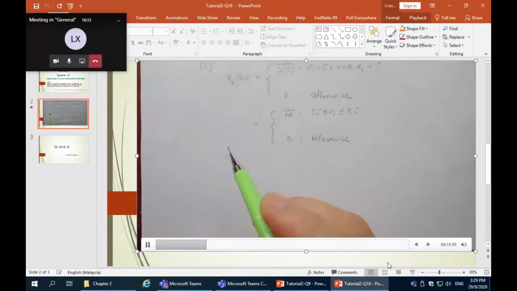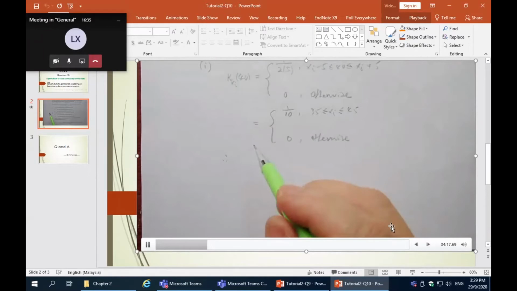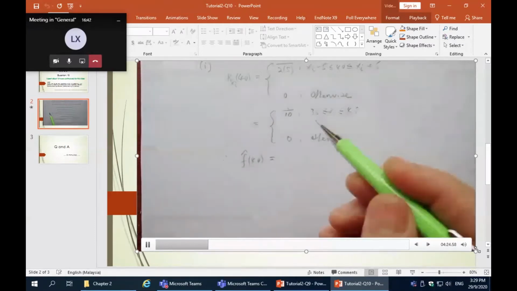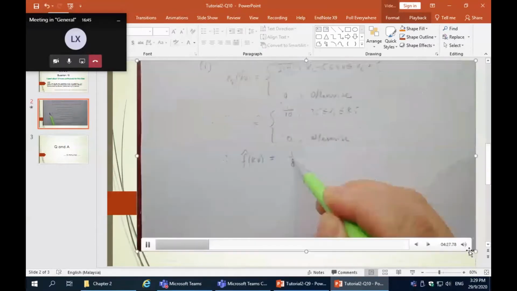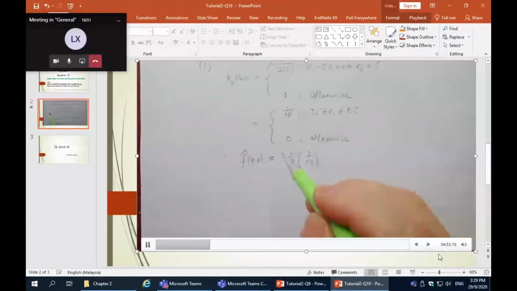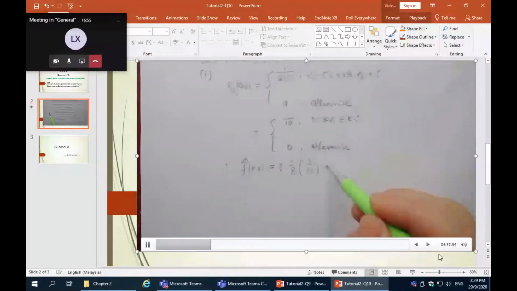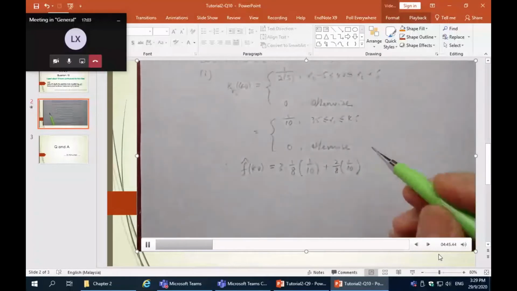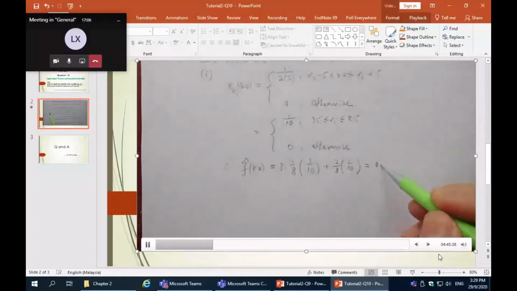So therefore, we can calculate the kernel smoothed density at 40, which is equal to the probability 1 over 8 multiplied by 1 over 10, 3 times, plus the probability 2 over 8 multiplied by this 1 over 10. So I will have 0.0625.